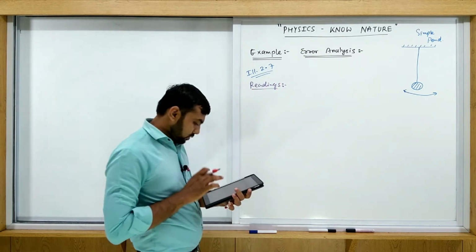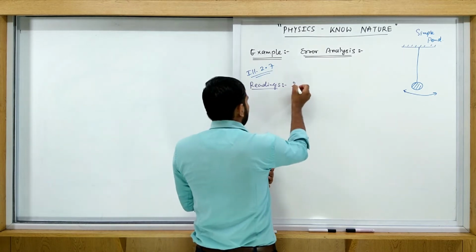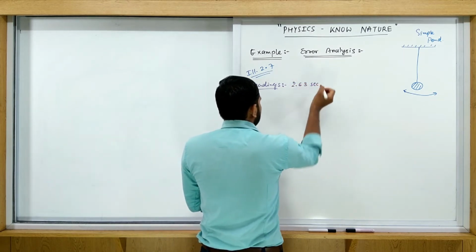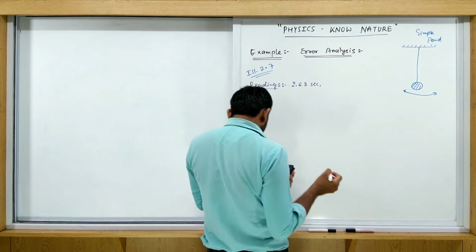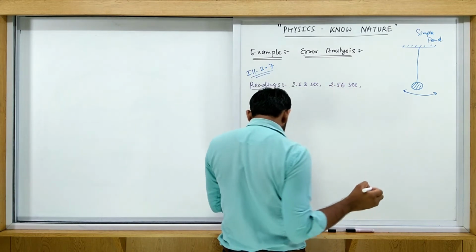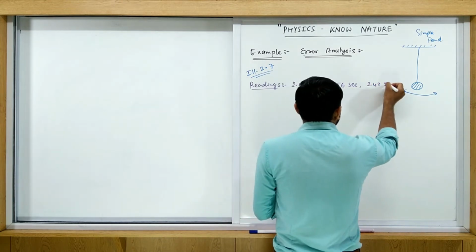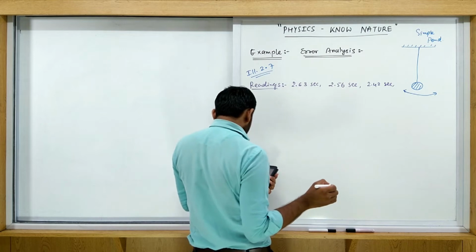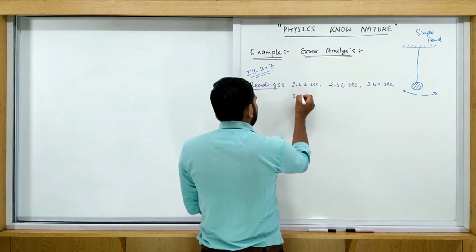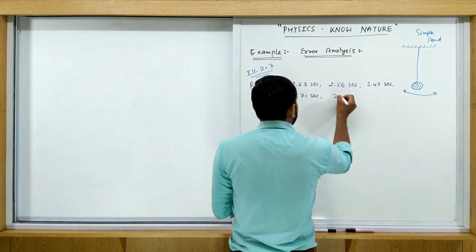Write down the readings given in the problem statement: 2.63 seconds, 2.56 seconds, 2.42 seconds, 2.71 seconds, and the last one 2.80 seconds.